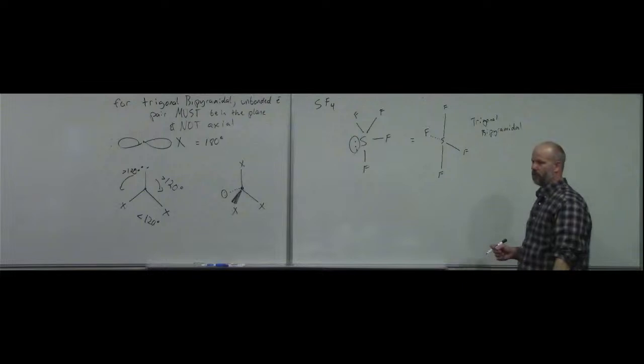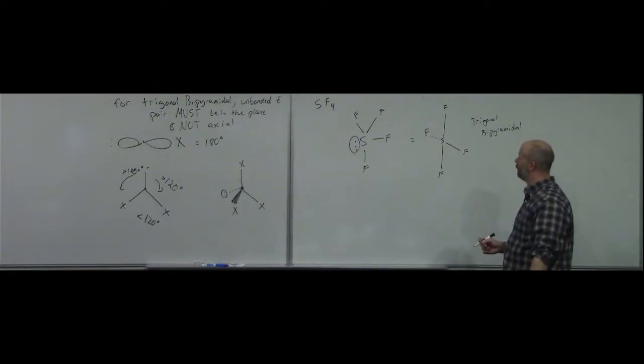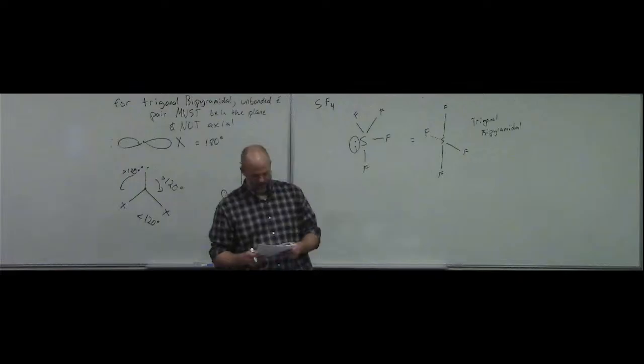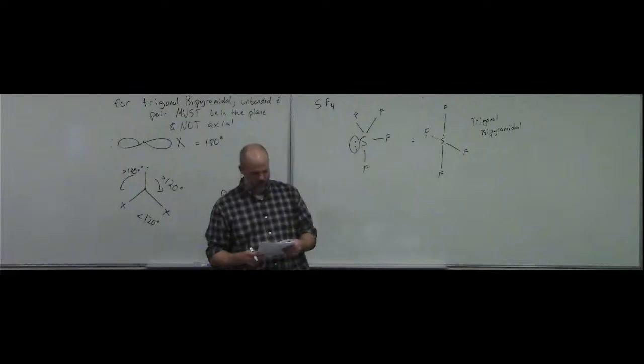Now what's that shape called? That's square pyramidal. I don't know the names. Trigonal bipyramidal electron pair geometry, with the lone pair placed to minimize repulsion.